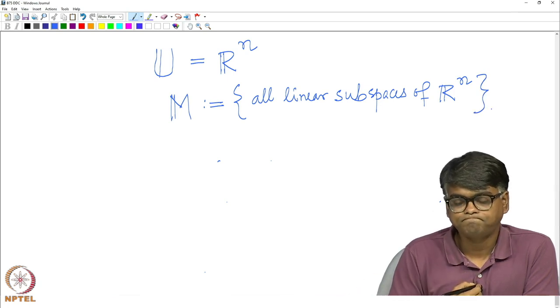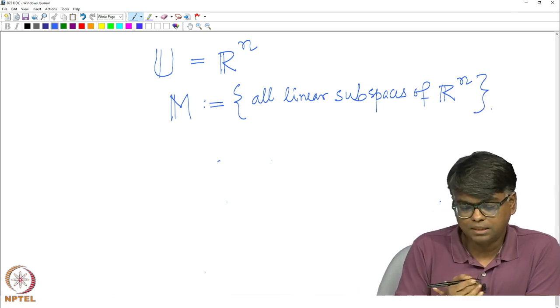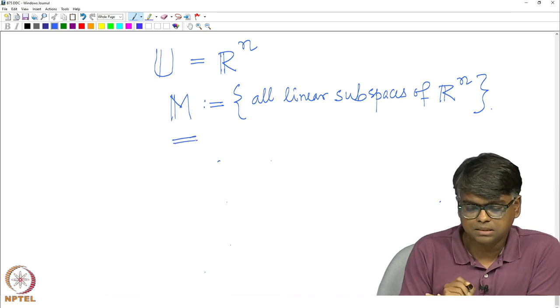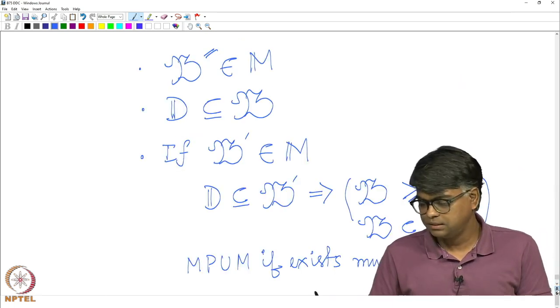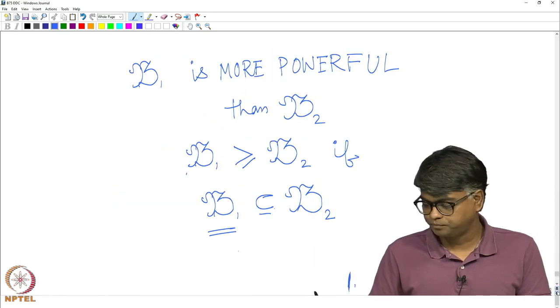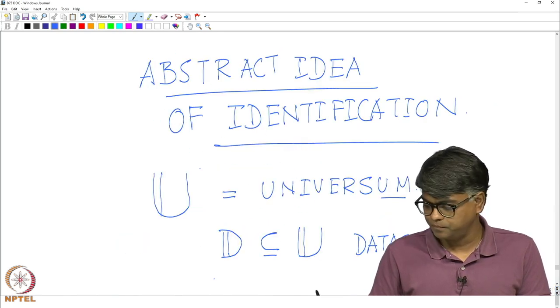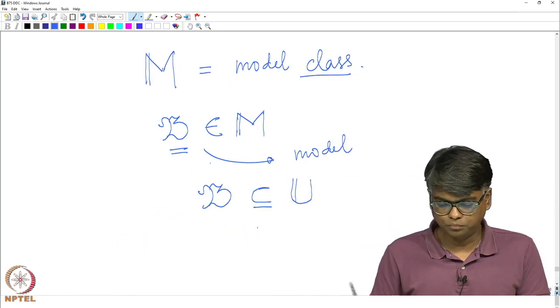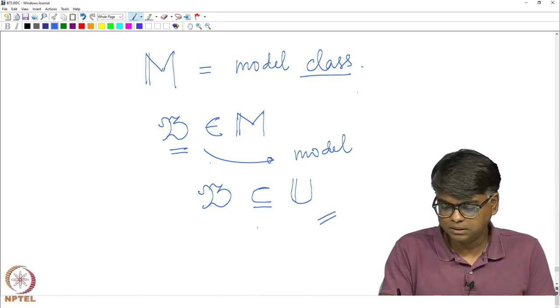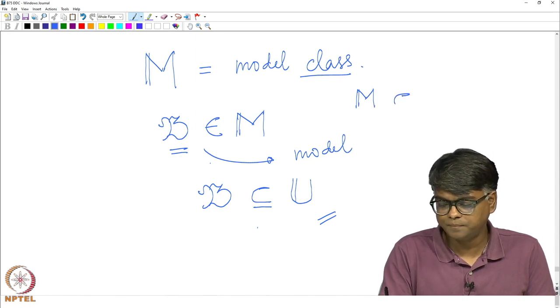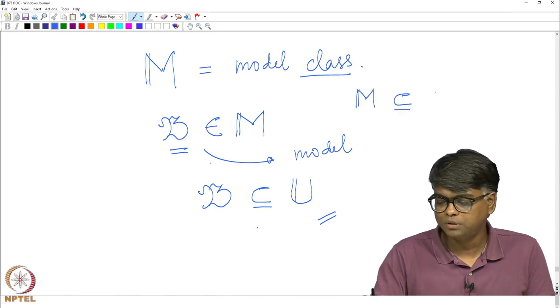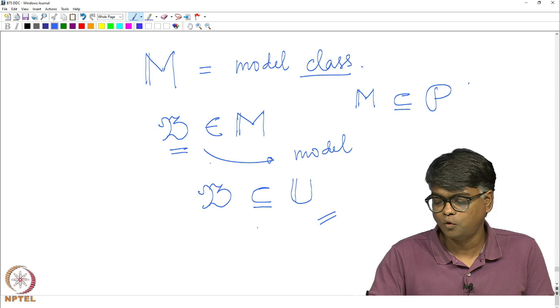Notice that when I say model class, it is a collection of models which themselves are subsets of U. So, it then automatically follows that the model class must itself be a subset of the so called power set of the universum.